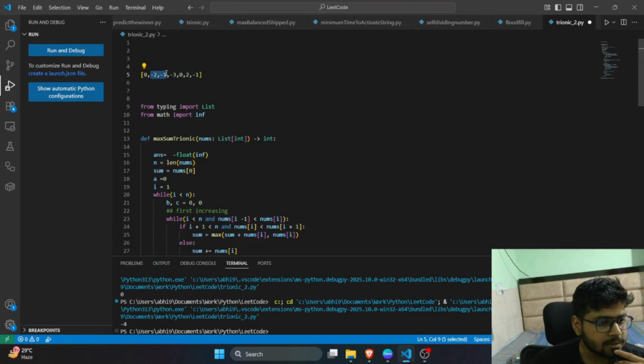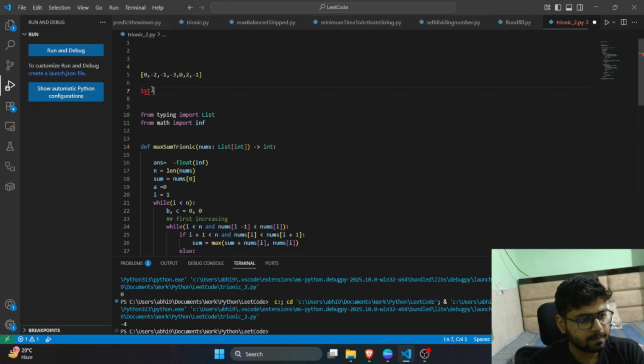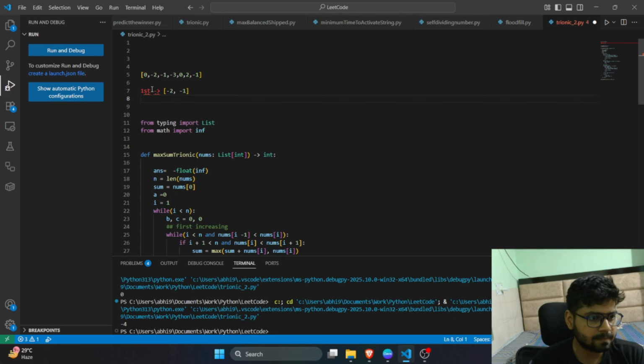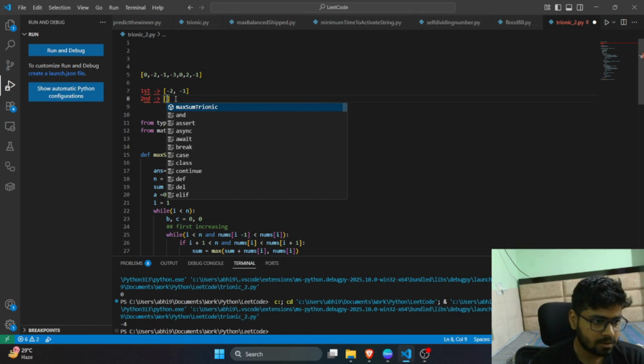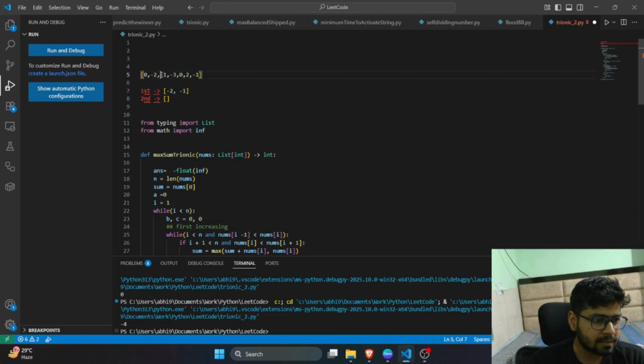So the first strictly increasing subarray should be -2 to -1, because it's strictly increasing. Then the second subarray should be strictly decreasing. At the point -1 to -3, it's decreasing.